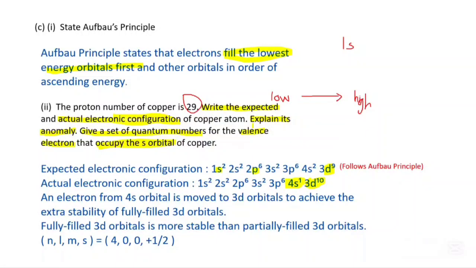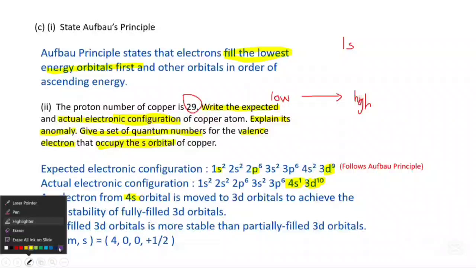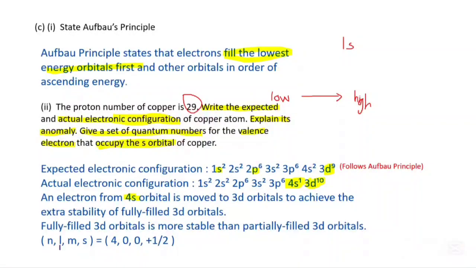The third question is: explain its anomaly. An electron from the 4s orbital is moved to the 3d orbital to achieve the extra stability of a fully filled 3d orbital. A fully filled 3d orbital is more stable than a partially filled 3d orbital. Now I'm going to highlight the main key points that you should add into your answer.